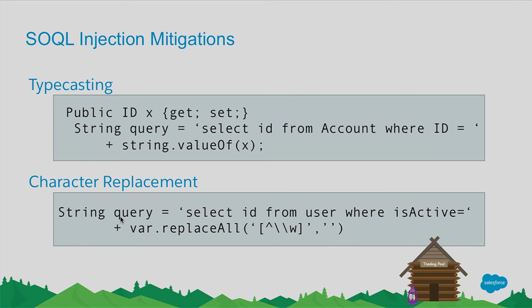And then the last mitigation that we're going to talk about is the bottom here, character replacement. Now this one you have to be really careful with. Basically what we're doing is we're looking through for any character that doesn't match the regex for word characters. So if we have a single quote, something like that, it's going to just replace it with an empty string. So it's going to remove it from the string. But this can be dangerous if we don't consider all the characters. If our match doesn't consider all cases that can manipulate that query, we might miss things.